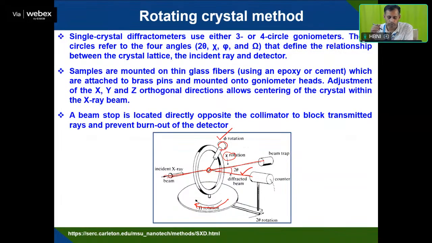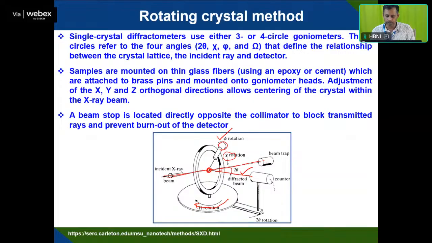Samples are mounted on a thin glass fiber, mostly using an epoxy or cement. That sample is mounted on a brass pin, and then we mount it onto a goniometer. So the X, Y, and Z directions can be adjusted orthogonally, which allows centering, as the sample has to be at the center with respect to the X-ray beam.